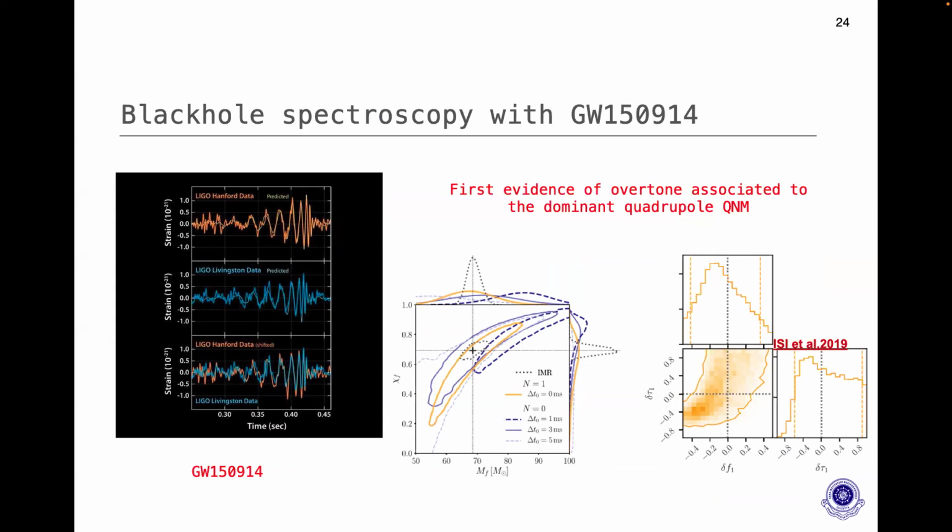I was listening to an interview by Professor Rana Adhikari, and he was saying that this event is so perfect that they even thought it could be a made up event. But after that, they rigorously analyzed the data and confirmed that it's a real detection. The universe was very kind. Also, LVK was very careful to report the first event.